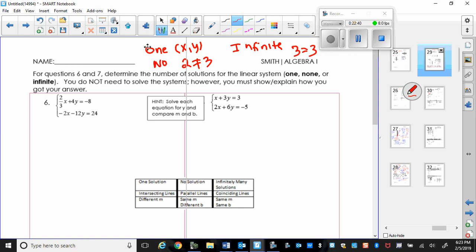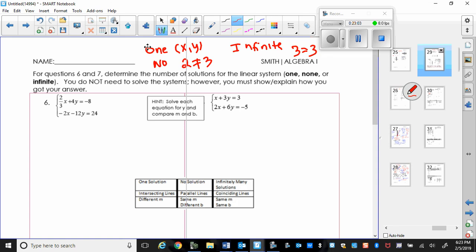So how do I go about solving these? So first, let's see if the slopes and the y-intercepts are the same. Let's check slopes and y-intercepts for each equation. So we're going to get y by itself.